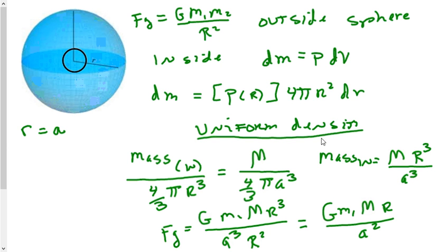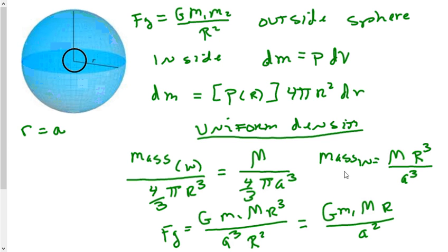So if we have a uniform density, then we're going to say the mass enclosed, or mass inside all of this small sphere inside. So the mass over 4/3 pi r cubed must equal the mass of the whole planet divided by 4/3 pi a cubed, because this is uniform density. So the volume density of this has to equal the volume density of the whole thing.